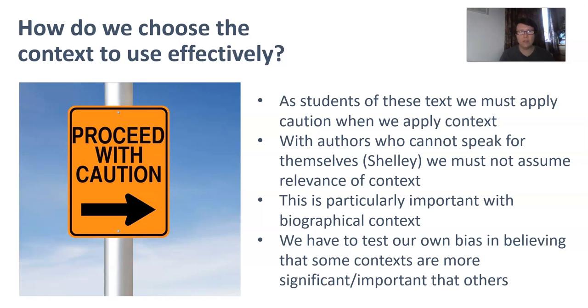And so when we're choosing context, we need to make sure that we apply it effectively. And actually to do that often is to apply caution, to be critical and evaluative. Especially with Shelley, for example, who can't speak for herself about the relevance of context, we have to not overly apply something and say she is saying this, and use that very definite tone.